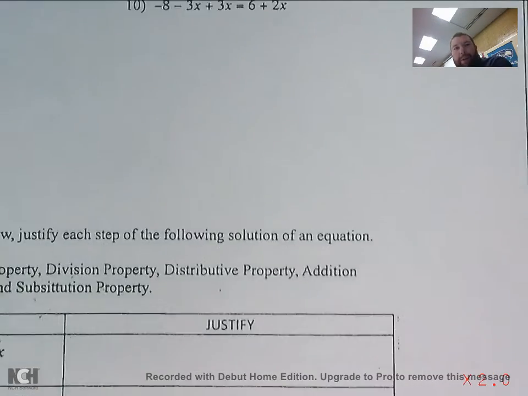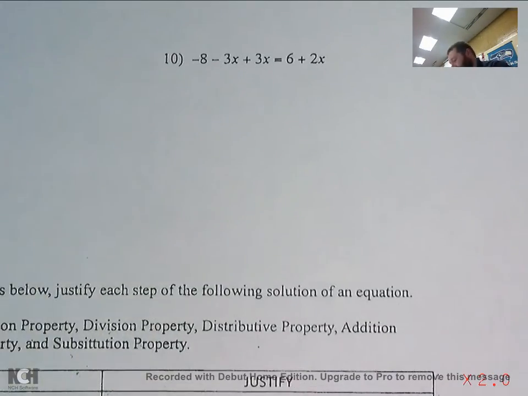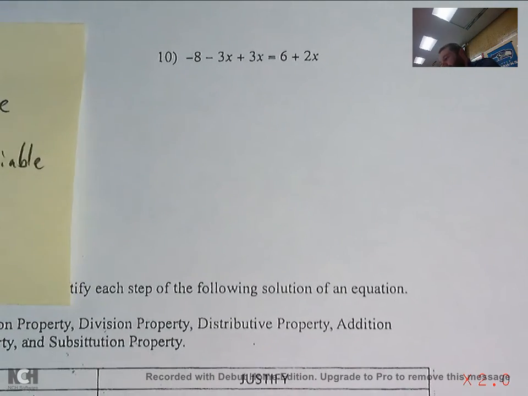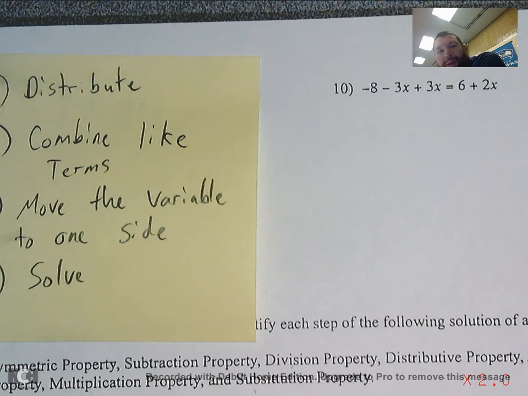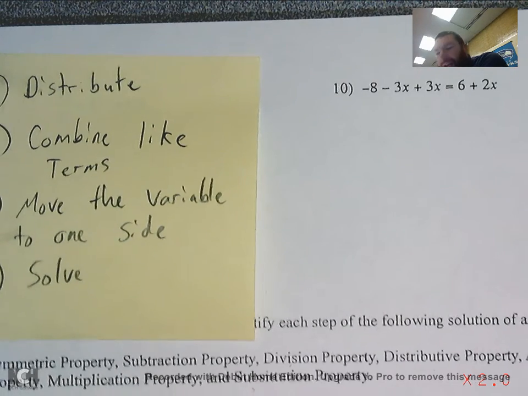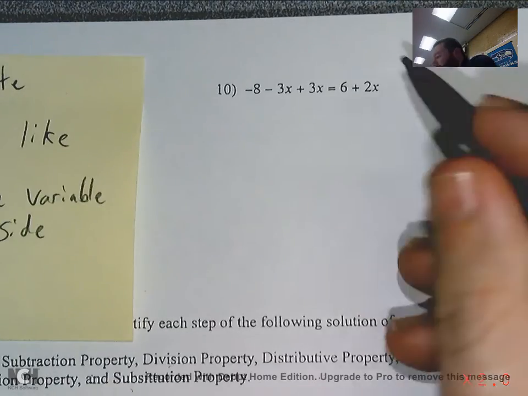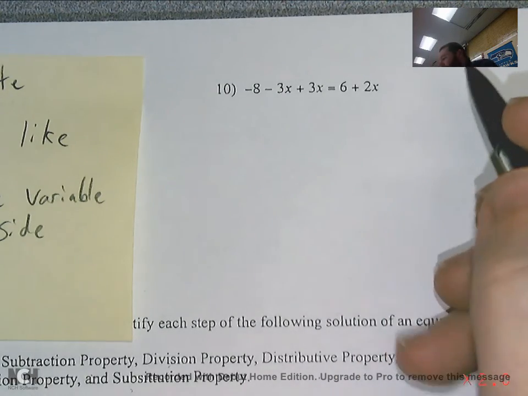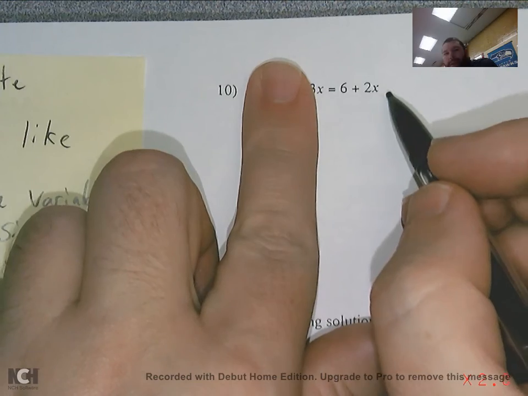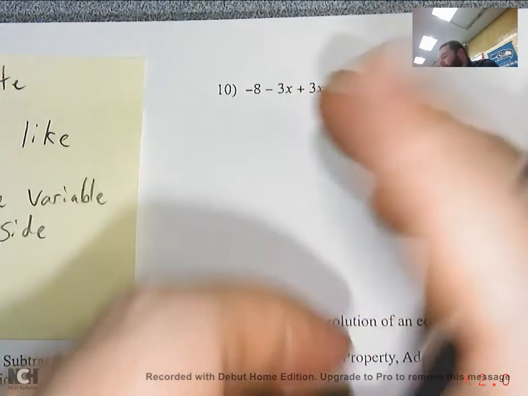Let's do one more. Let's look at number 10. So number 10, page 76. So again, our steps are distribute, combine like terms, move the variable to one side, and solve. So there's nothing to distribute here. So the next step would be to combine like terms. Well, there's no like terms on this side. There's a variable and a number, so they aren't like terms.